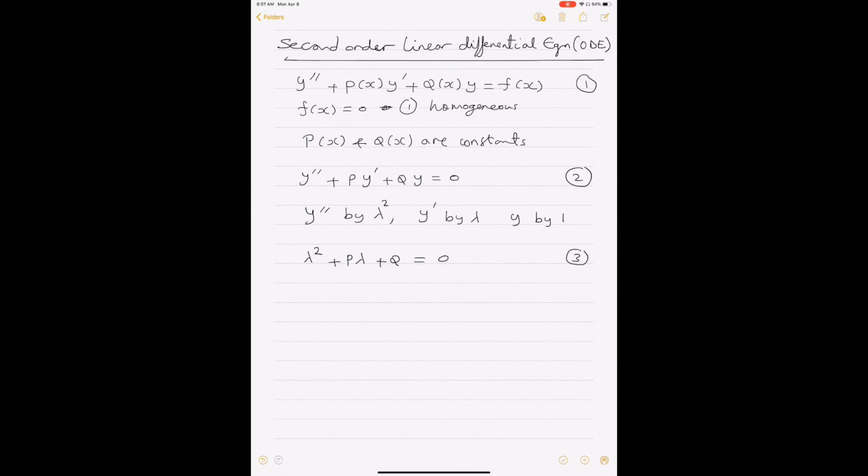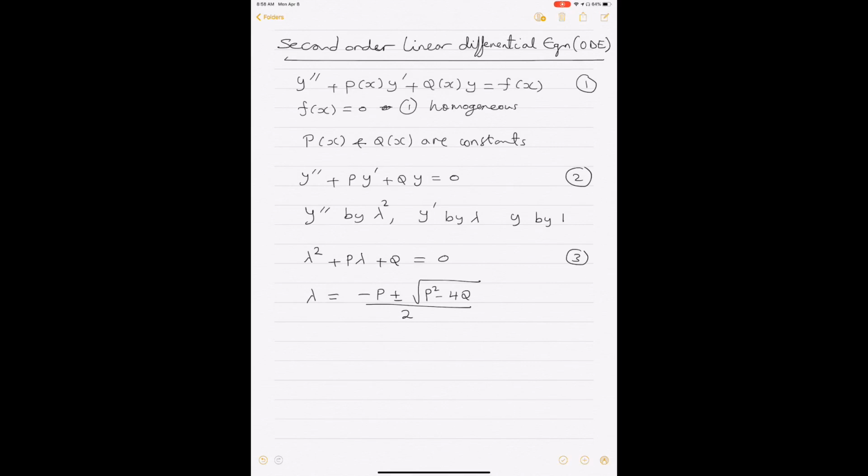As you can see, equation 3 is a quadratic equation in lambda. If we use the standard formula to solve it, we obtain lambda equal to minus p plus or minus the square root of p squared minus 4 times a, which is 1, times c, which is q, over 2a.